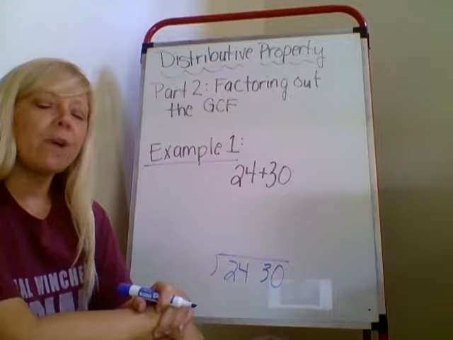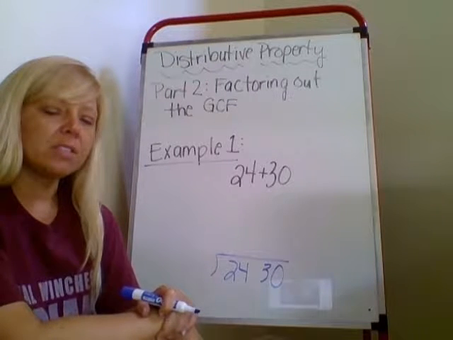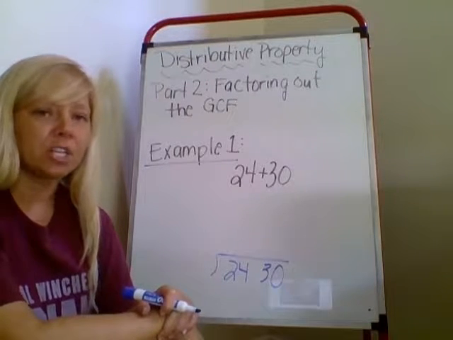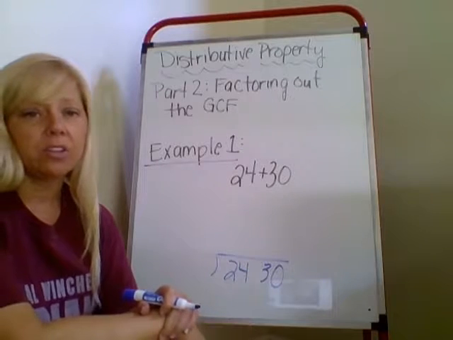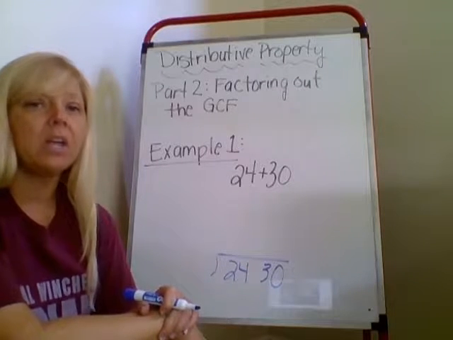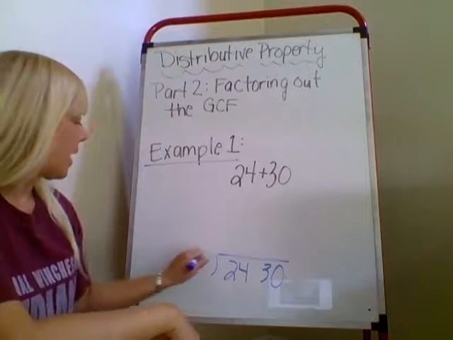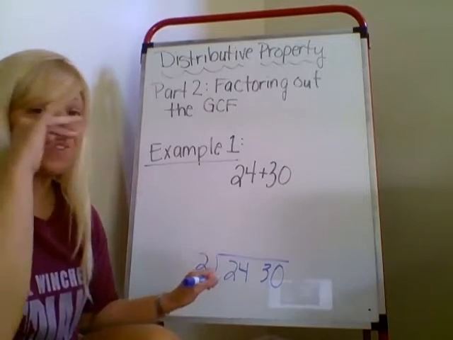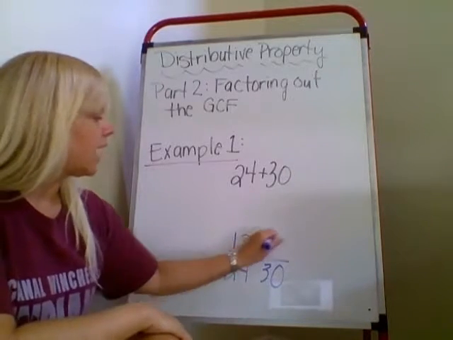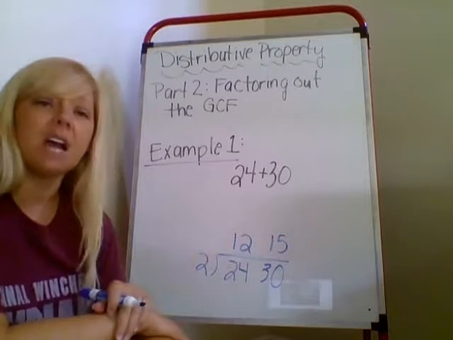All right, so if I want to rewrite 24 plus 30 as another equivalent expression, first thing I do is find a common factor that 24 and 30 both have. Well, I know 2 goes into both of them. So 2 goes into 24 12 times, and into 30 15 times.